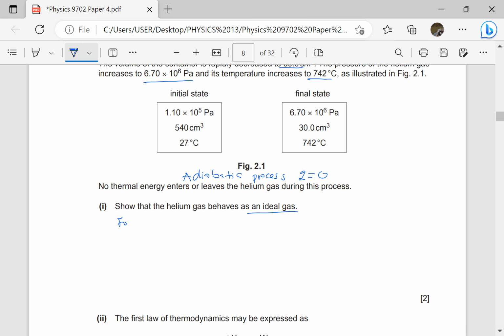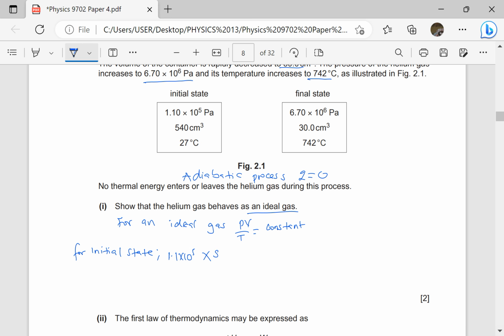So we can say for an ideal gas, PV over T should give us a constant. So let's start with the initial state. For the initial state, P is 1.1 times 10 power 5. I will not change the value of V because I'm not solving anything. I just want to find if the constant is the same.